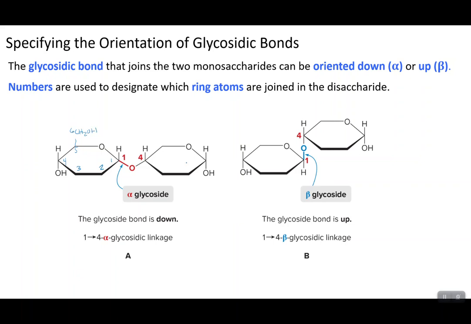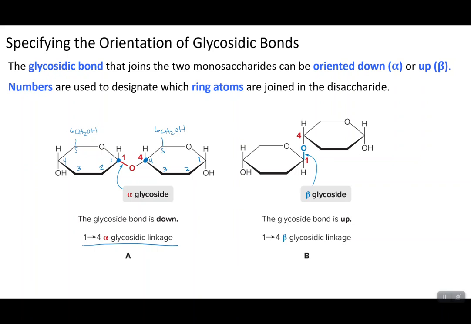And then we're going to number this the same way, 1, 2, 3, 4, 5, and then there's a CH2OH group here. So this means that carbon number 1 in one carbohydrate is bonded to carbon number 4 in the second monosaccharide. So that is why this linkage gets a 1,4 alpha glycosidic linkage name.